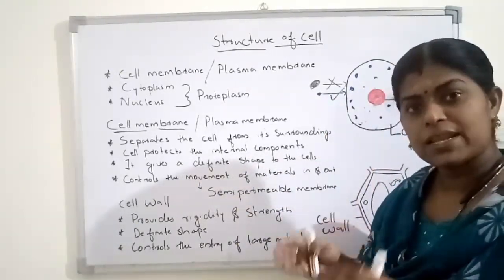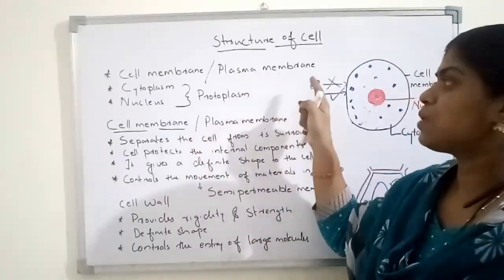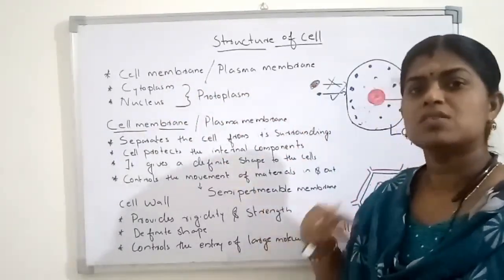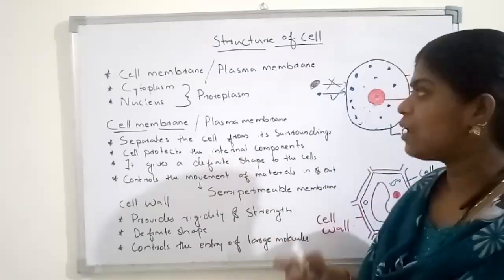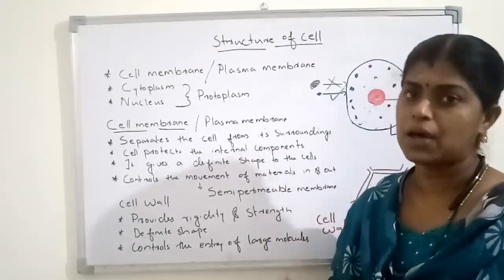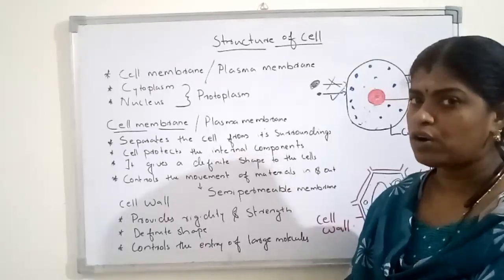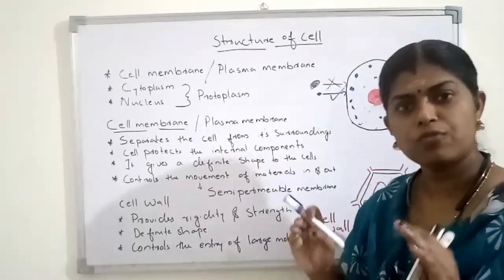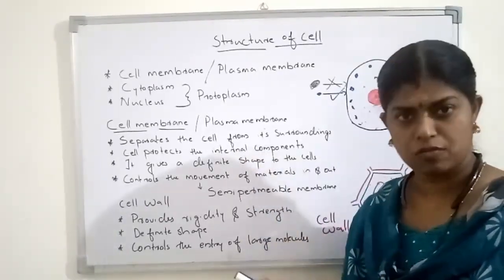Because of this selection process of the plasma membrane, otherwise called the cell membrane, we can call the cell membrane a semi-permeable membrane. It means it is not fully permeable to all kinds of materials.